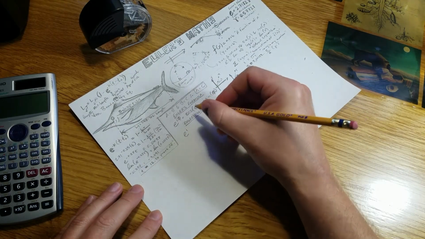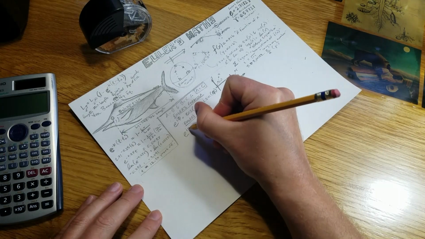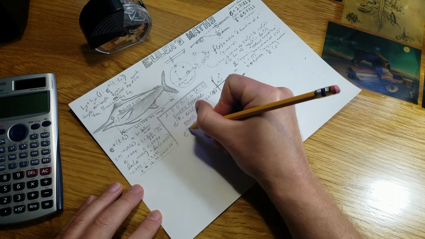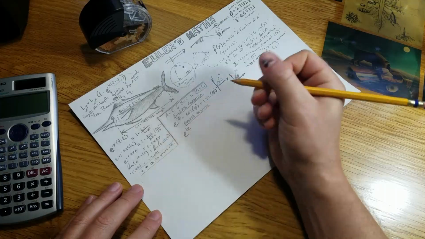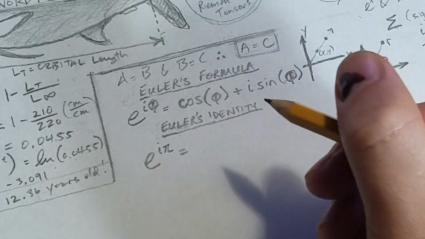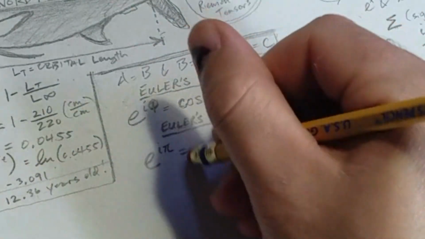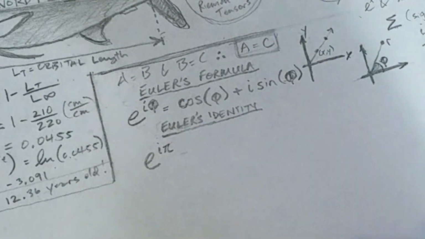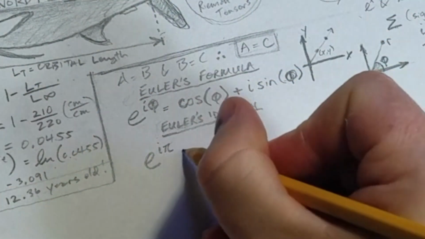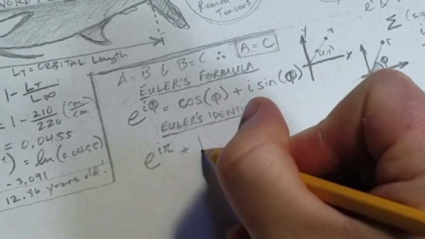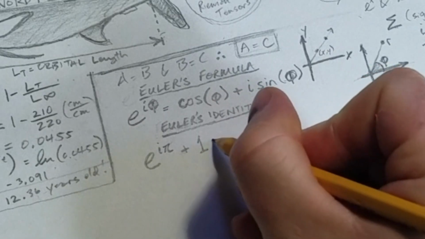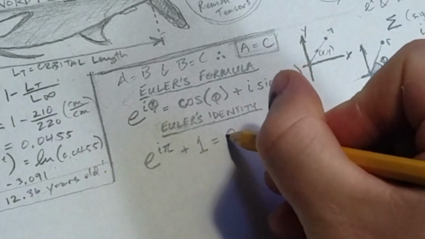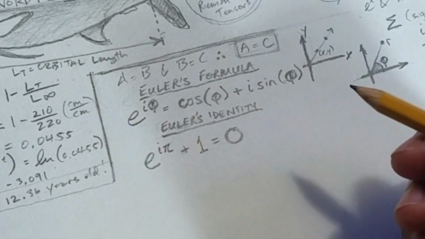e to the i pi. So now it's got pi in there. Plus 1, plus the number 1 equals 0.